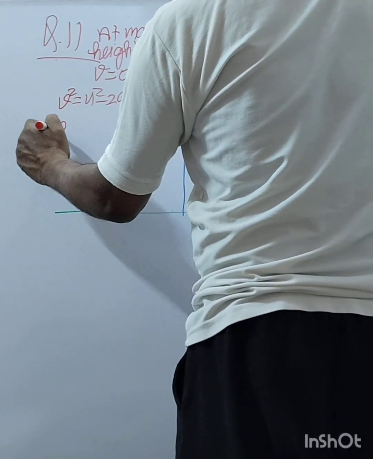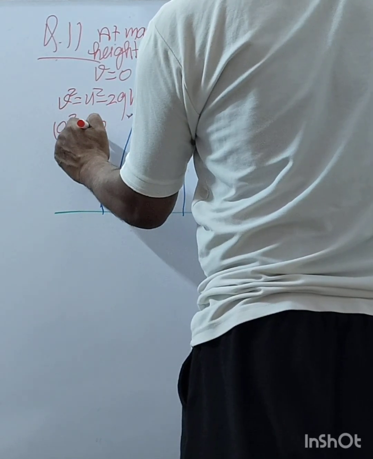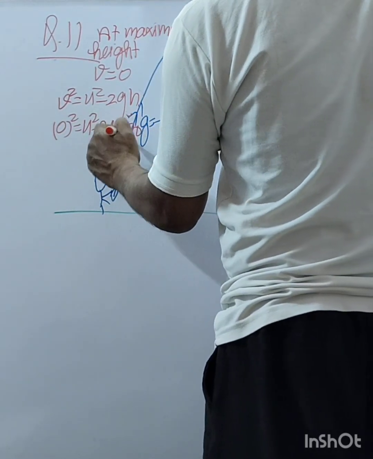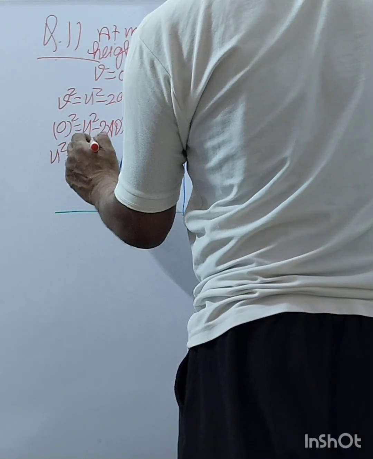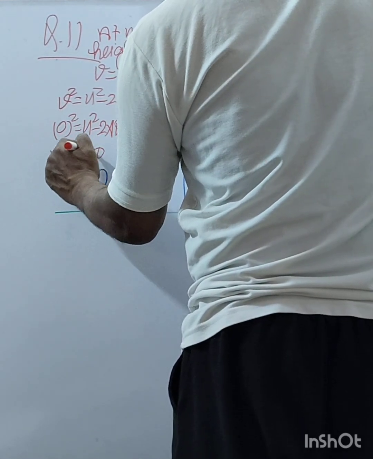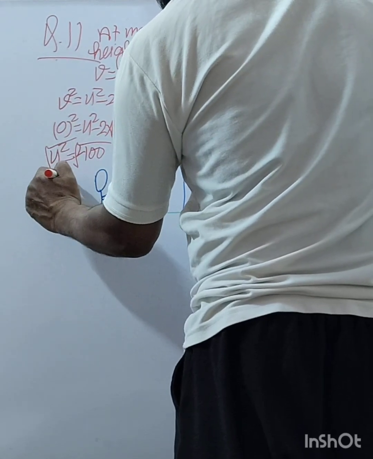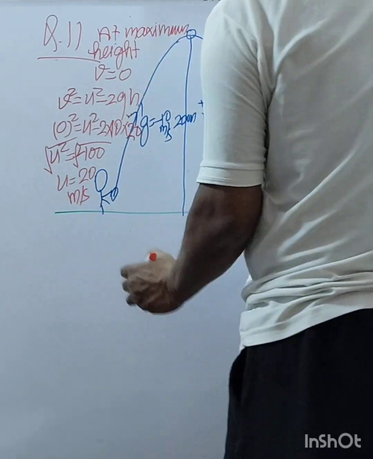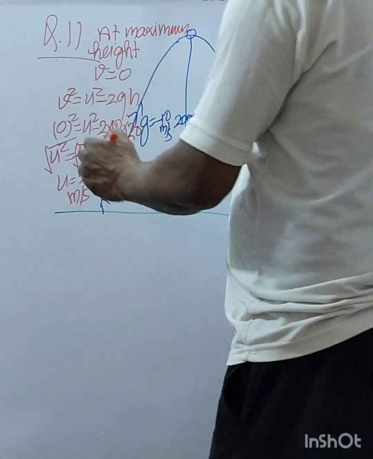So 0 is equal to U square minus 2 into 10 into 20. So U square is equal to plus 400. Taking root over both sides, U is equal to 20 meter per second. This is the first part.